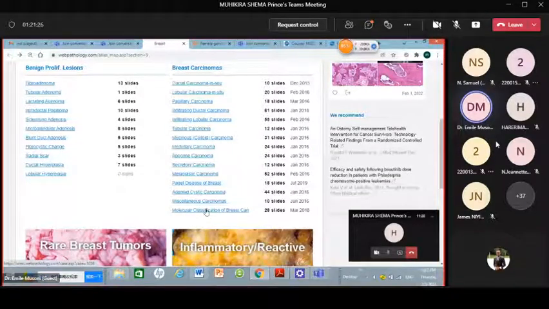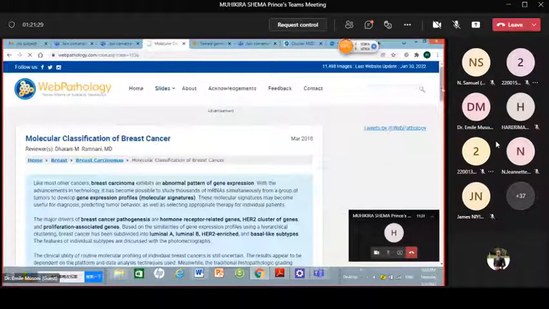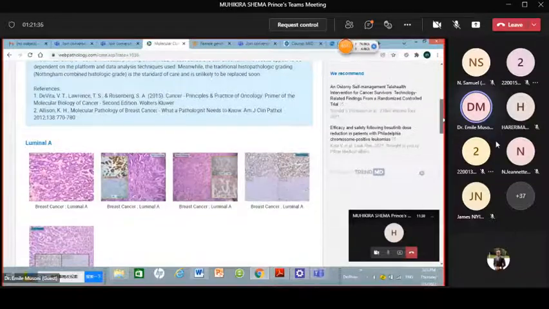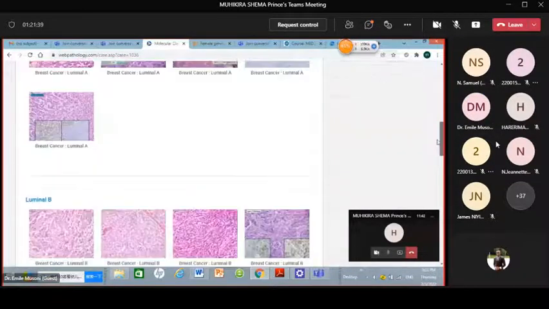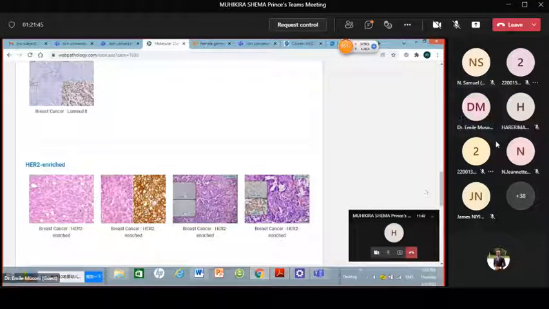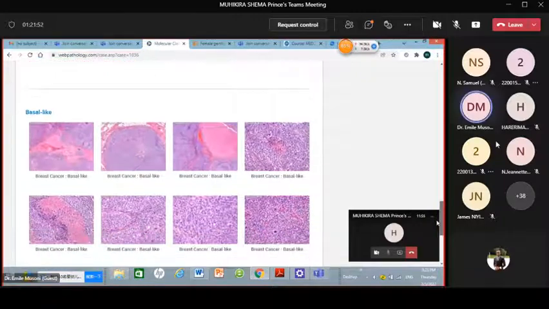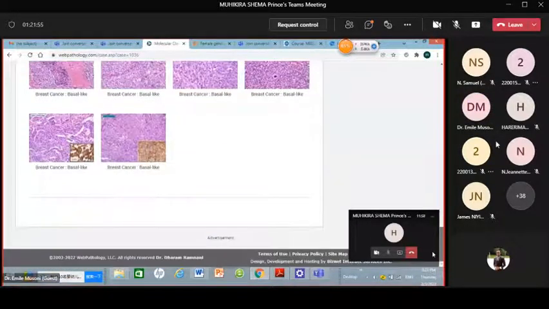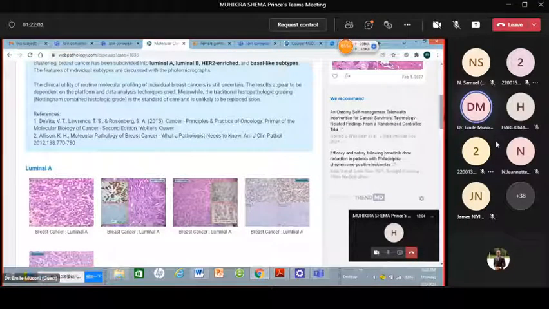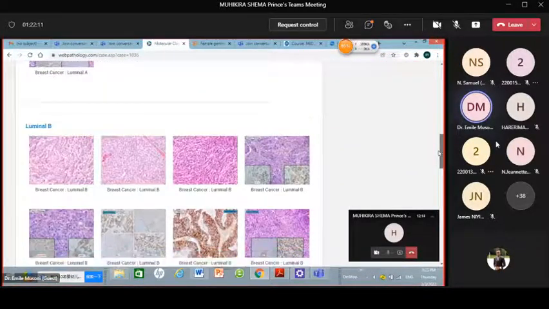Let us see the molecular classification of breast cancer. What you have seen: luminal A, luminal B, HER2, basal-like. But at your level, what you must know is the estrogen receptors, progesterone, and HER2 neu. Those classifications of luminal A, luminal B are advanced.